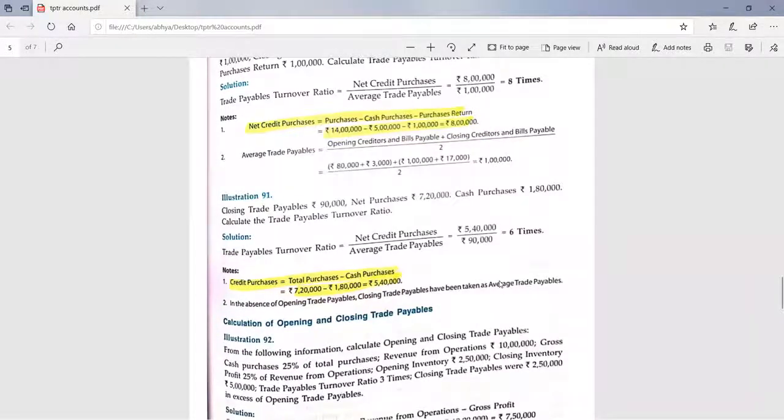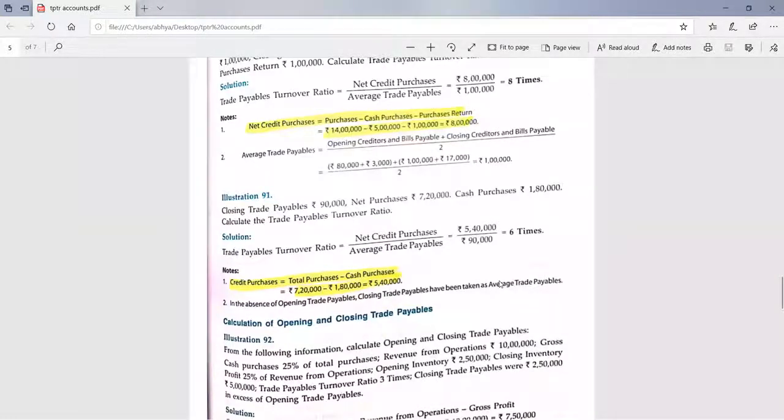So it's very easy to find out RFO. Gross profit is 25% of 10 lakh, so 2,50,000. Then opening inventory 2,50,000, closing inventory 5 lakh. Inventories are also given. Trade payable turnover ratio 3 times.